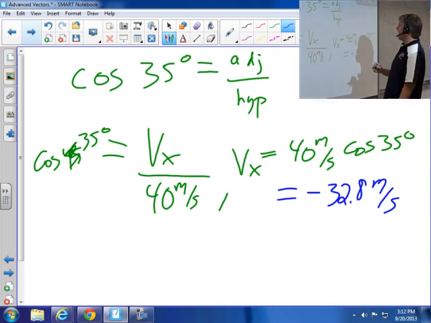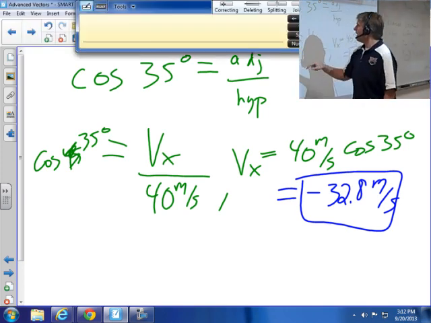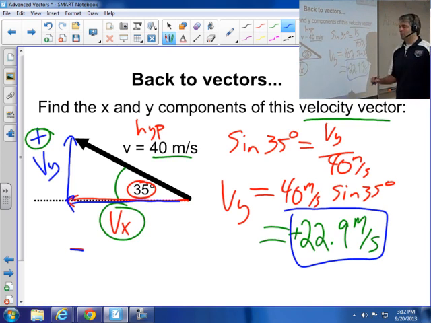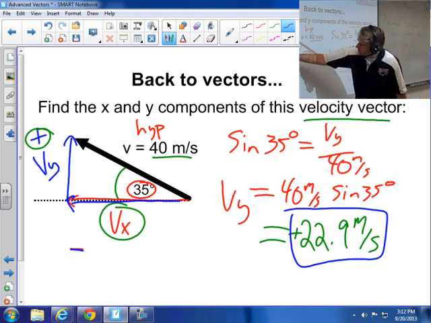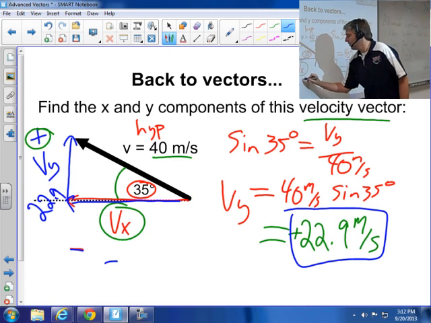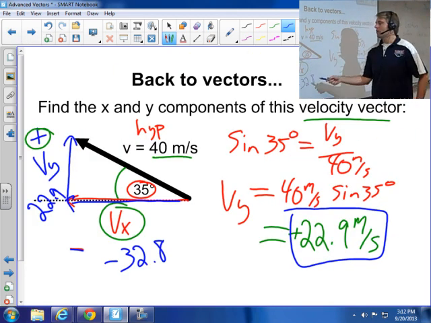All right, let's take a look at what we found. We found that we have an x component of negative 32.8 meters per second, and we found a second ago that we had a y component of our velocity that was equal to a positive 22.9 meters per second. I'm going to go ahead and label these 22.9 and negative 32.8. One thing I want you to notice is 22.9 and 32.8 are both smaller than 40.